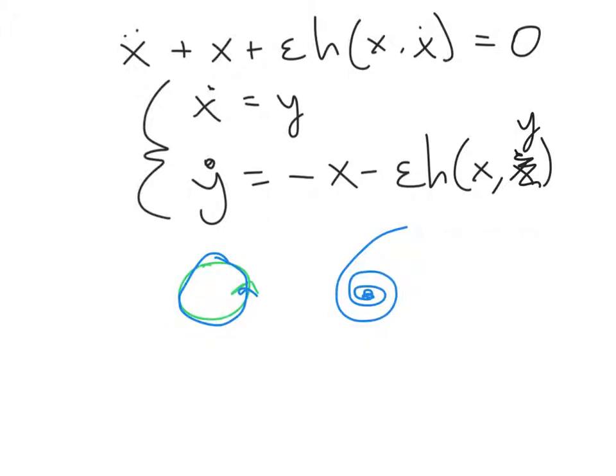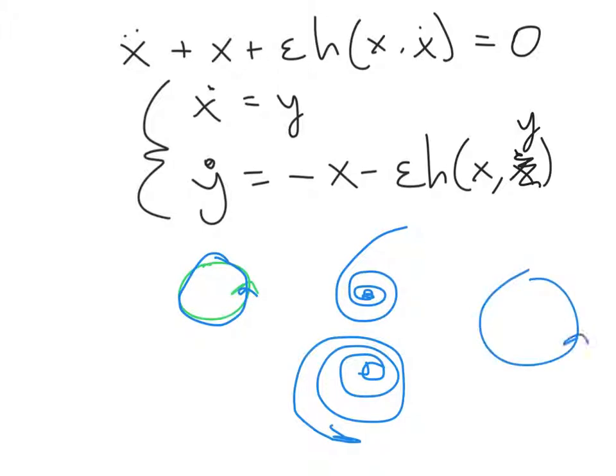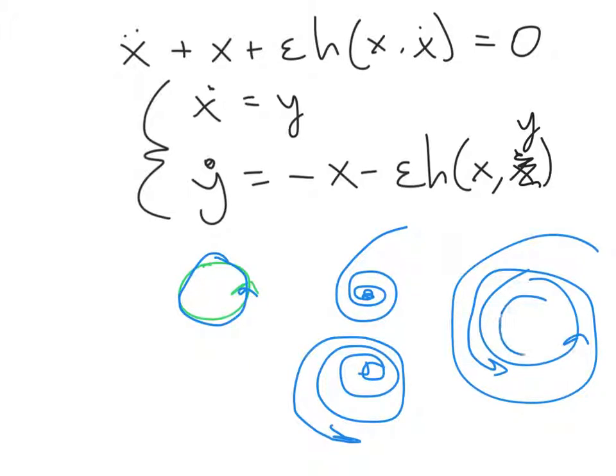Or maybe if the sign is the opposite of that, we could get a spiral outward that was also very slow. Or potentially, actually, we could end up with a limit cycle appearing, so that also happens depending on the type of the function h.